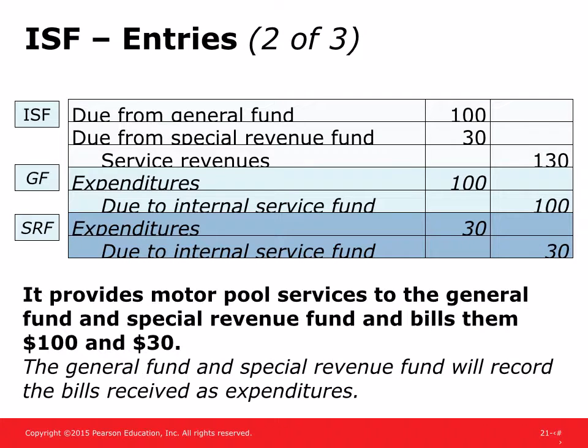And then for ongoing operations, this is assuming that service is rendered in the amount of $100 to the general fund and $100 to the special revenue fund. So the motor pool fund basically has an account receivable from those funds that you see there. And then on the general fund and special revenue fund side, you see what the entries should look like in both of those funds.